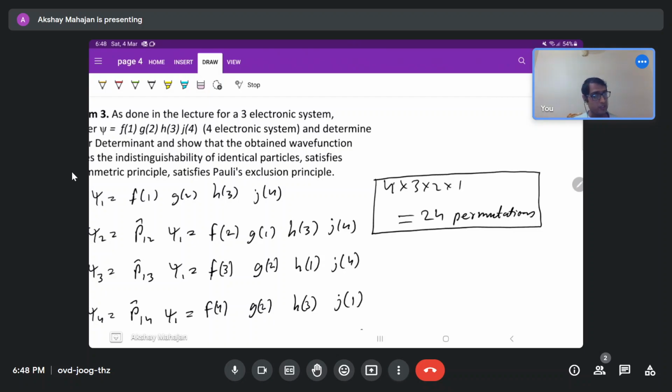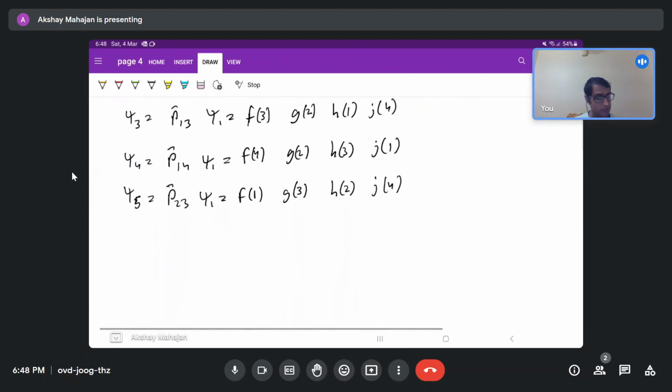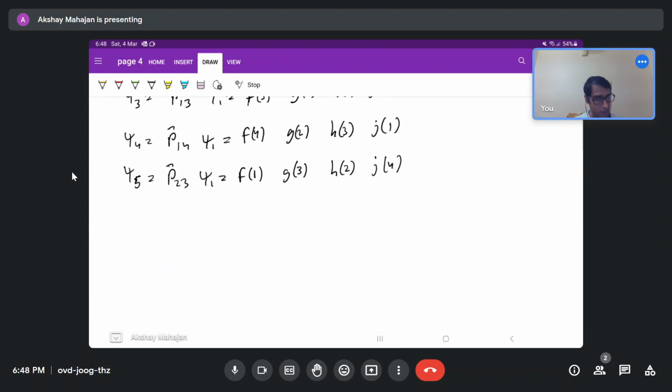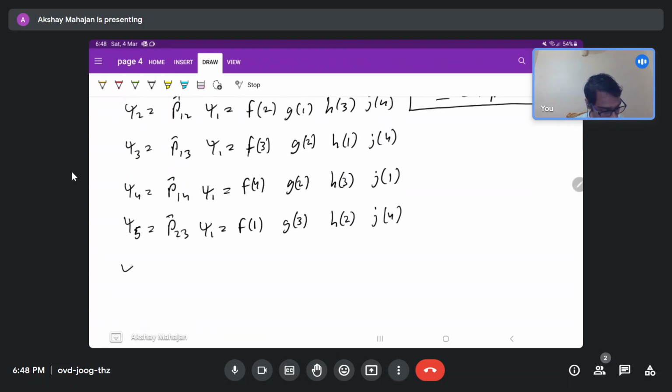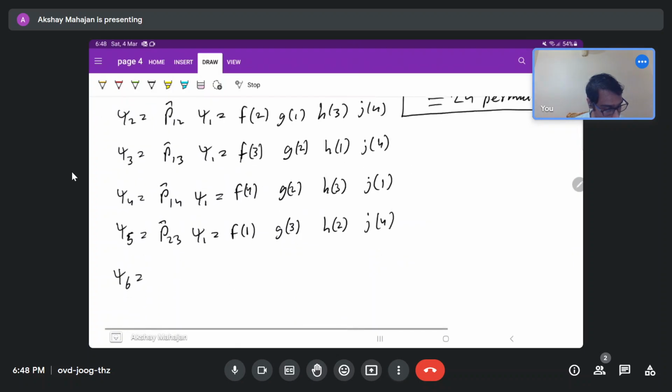So this is going to be a big matrix. I'm just going to write it down, and again you can do some permutation on, let's say, some psi 6 or something, and you can do permutation P cap 3 4 on your wave function, let's say some psi 3.